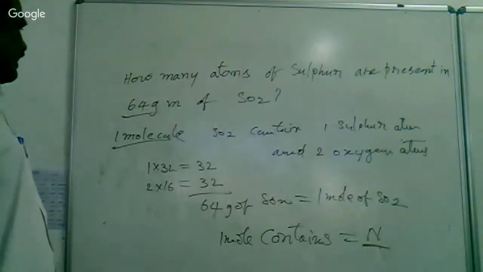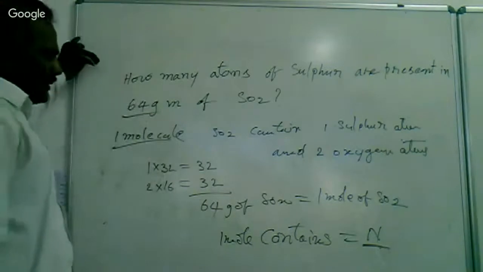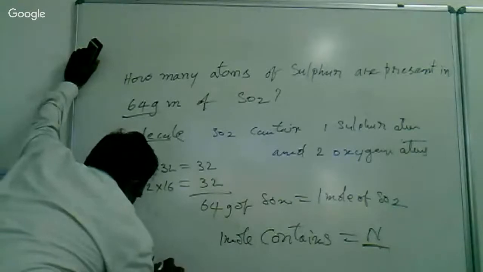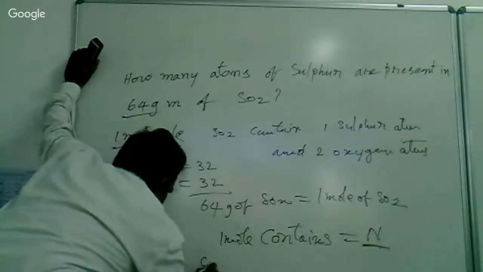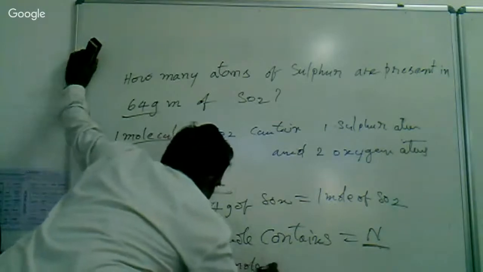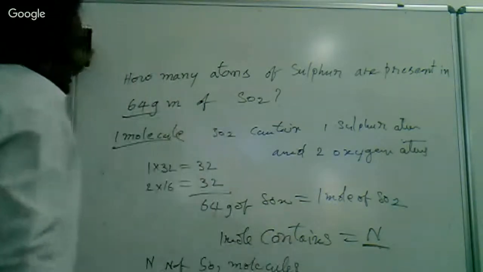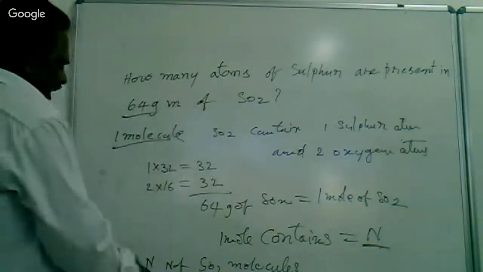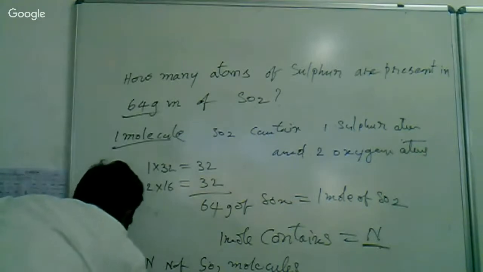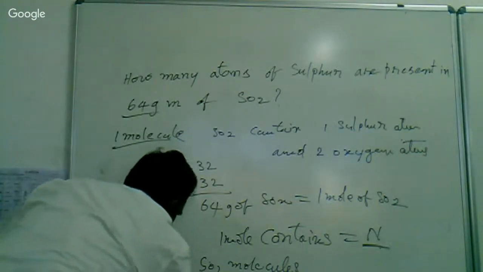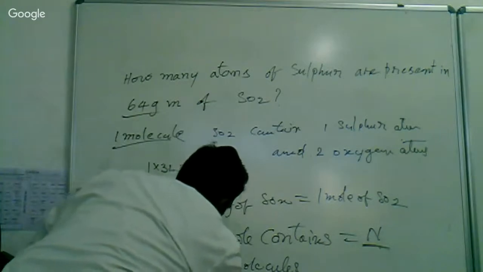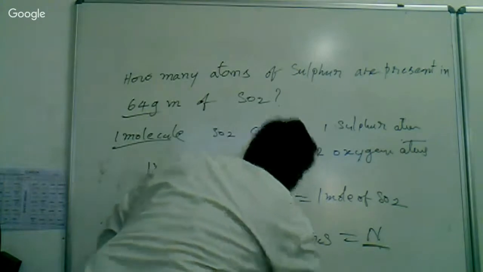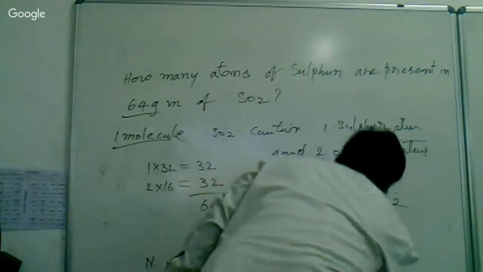So if I have N number of SO2 molecules, and we have only one sulfur atom in one SO2 molecule, it is very simple. The number of S atoms in 64 grams of SO2 is equal to N.